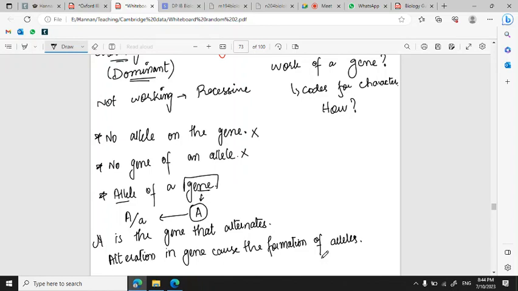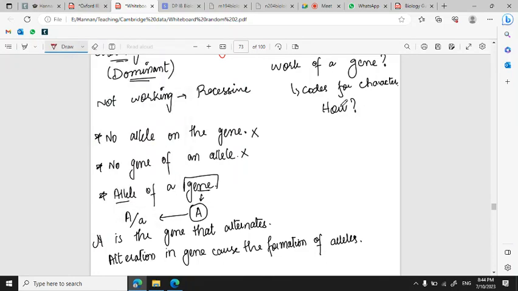What does it mean? An allele itself is nothing until a gene changes itself. Let me repeat my sentence: an allele itself is nothing until a gene is mutated.